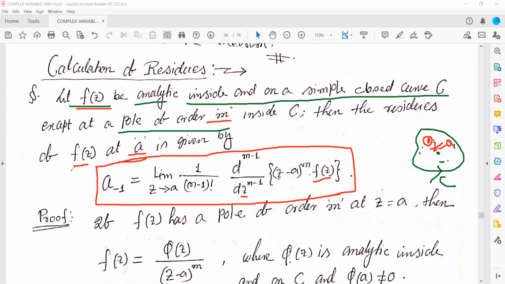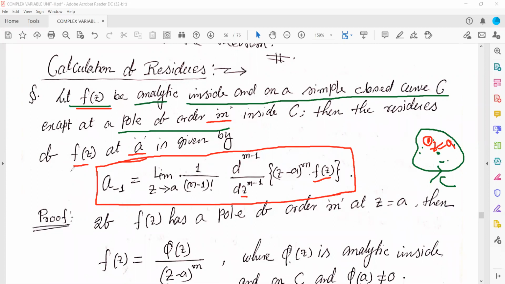So a minus 1 is equal to the limit as z tends to a, since you are calculating the residue at z equal to a, of 1 upon factorial (m minus 1), then the (m minus 1)th derivative of (z minus a) to the power m into f(z). And what is m? m is the order of the pole.